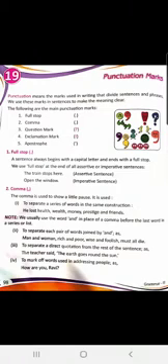Punctuation means the marks used in writing that divide sentences and phrases. We use these marks in sentences to make the meaning clear. In grade 3, you are going to see these five punctuation marks: full stop, comma, question mark, exclamation mark and apostrophe. A sentence always begins with a capital letter and ends with a full stop.